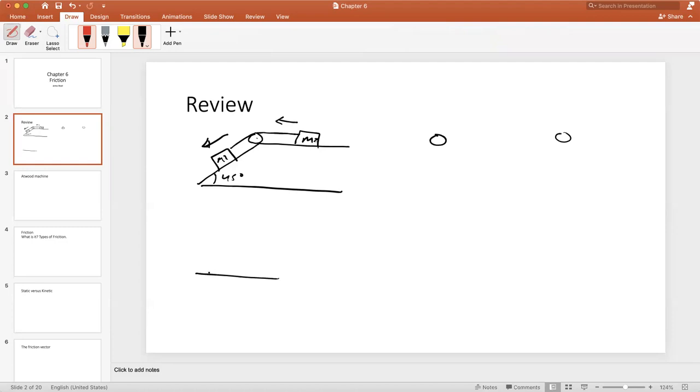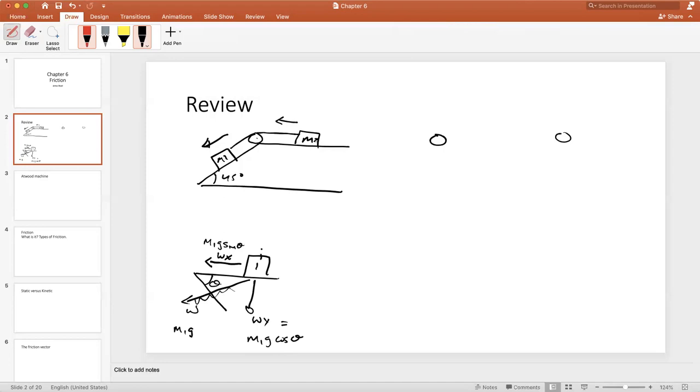Recall that for M1, we have some theta, and M1 has a weight vector that goes down, which is equal to M1g. It therefore has a weight component in the x and a weight component in the y, and that is M1g sine theta, and this is M1g cos theta.